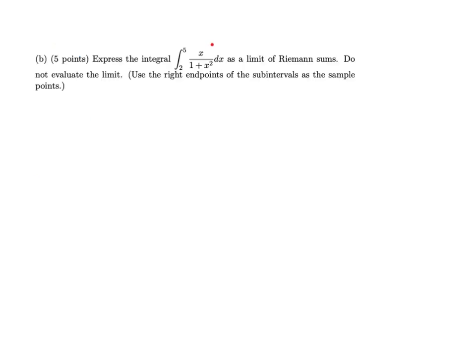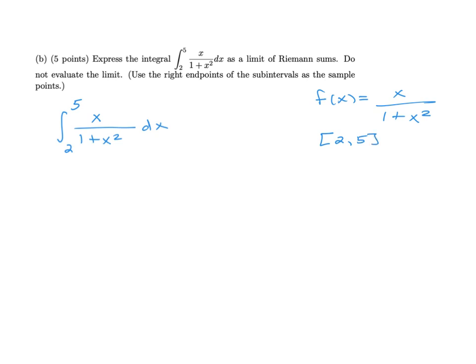For part B, we're going to express this definite integral as a limit of Riemann sums, and we'll use right endpoints on these subintervals. That's the definite integral from 2 to 5 of x divided by 1 plus x squared dx. Here the function that we're talking about, f of x, is x over 1 plus x squared. The interval from a to b that we're working on is from 2 to 5.